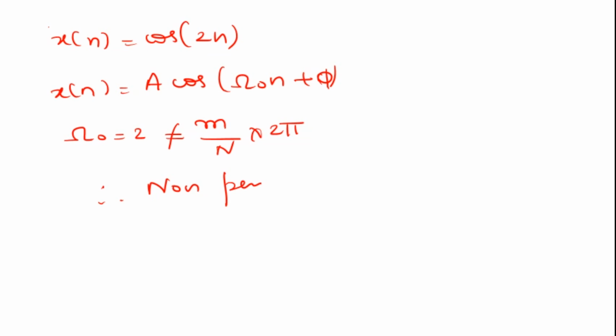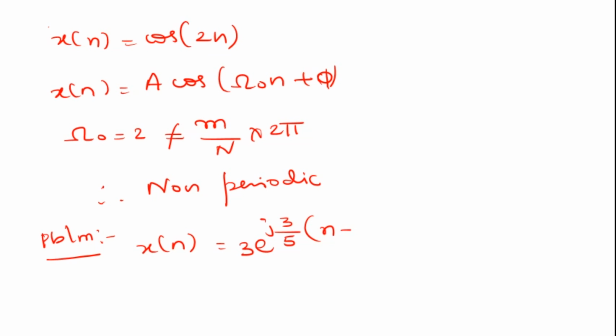Next problem, x of n is equal to 3 into e power j 3 by 5 into n plus half, which is equal to 3 into e power j 3 by 10 into e power j 3 by 5n, where ohm naught is equal to 3 by 5, which is not equal to m by n into 2 pi.